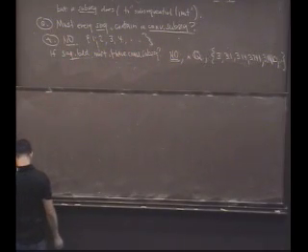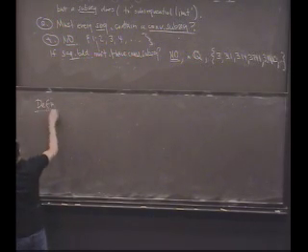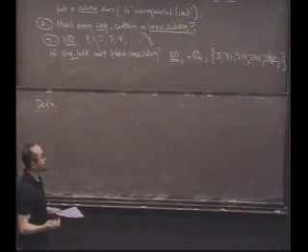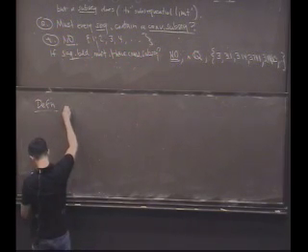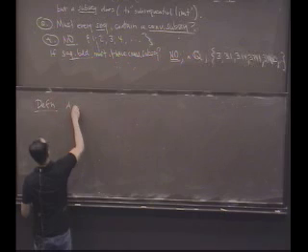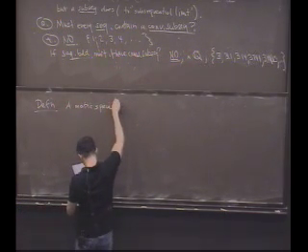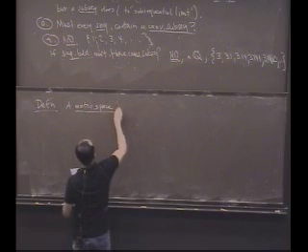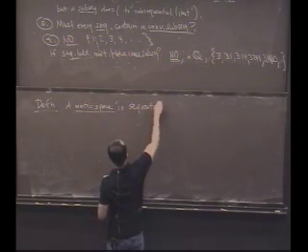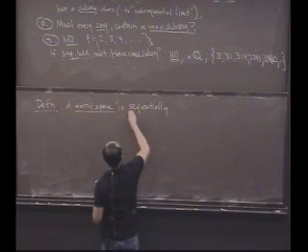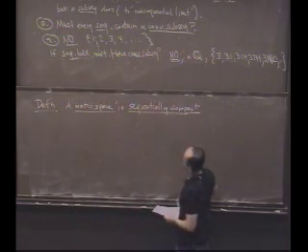This is a definition that's not in your book, but I'm going to tell you this definition because it's a phrase that comes up a lot and it's convenient for our purposes. So we're going to call a metric space sequentially compact.